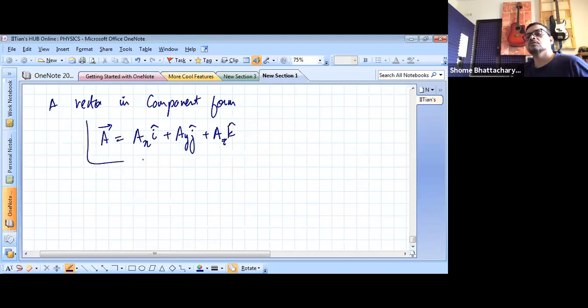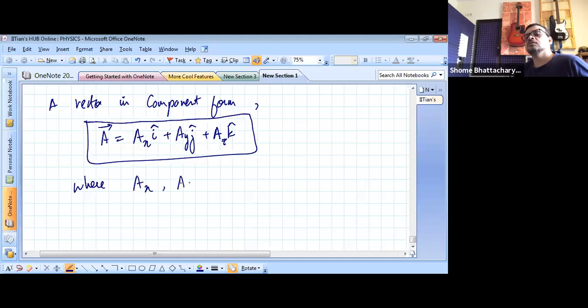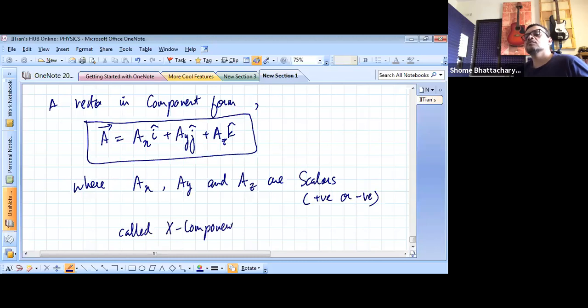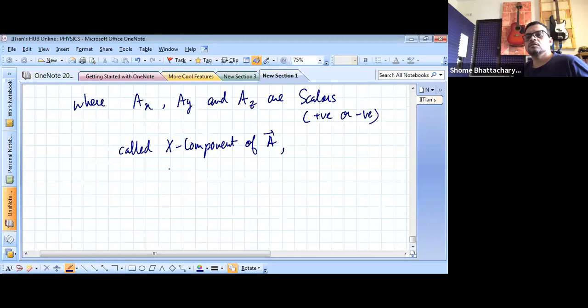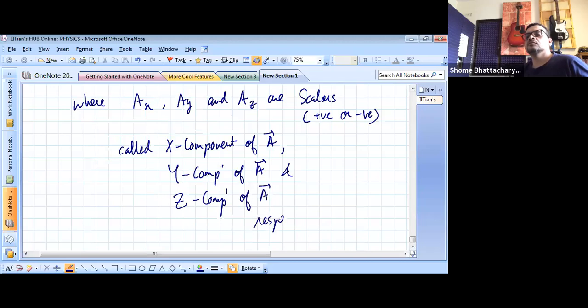Where Ax, Ay, and Az are scalars, which can be positive or negative, called the x component of vector A, the y component of vector A, and the z component of vector A respectively.